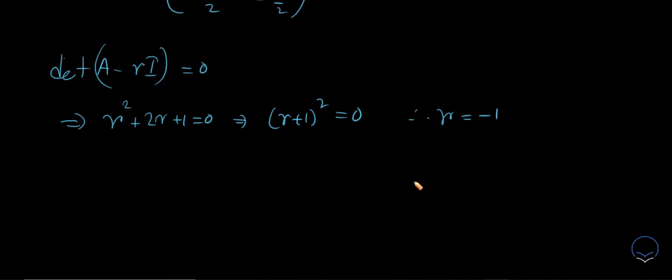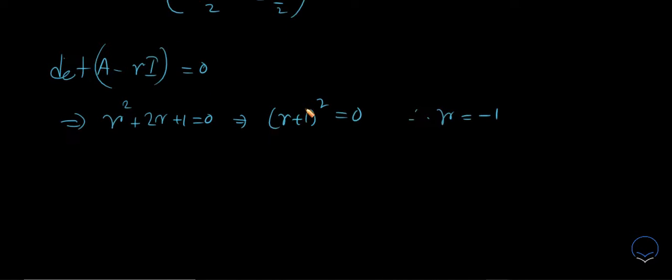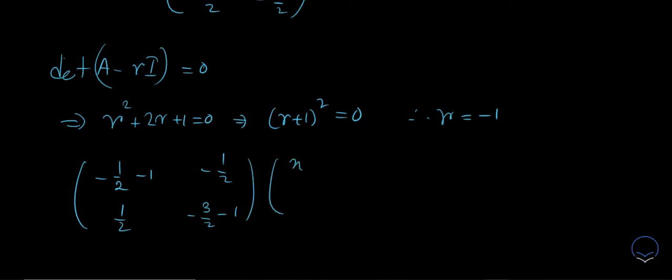So let me just try to proceed. We will have the matrix A minus rI, with entries minus 1/2 minus 1, minus 1/2, 1/2, and minus 3/2 minus 1, times x1 and x2, equal to 0.